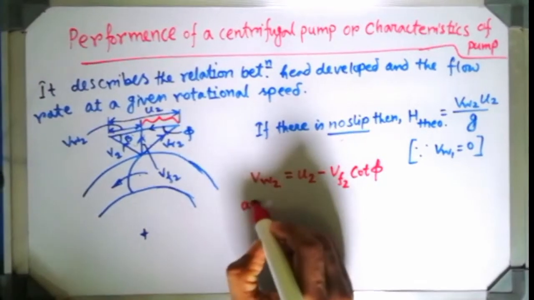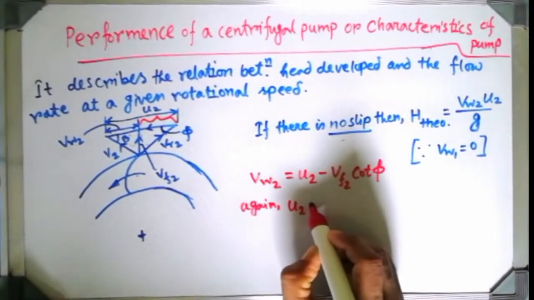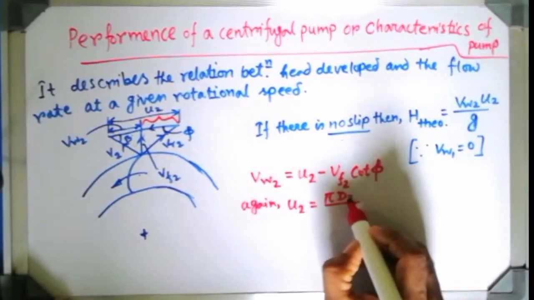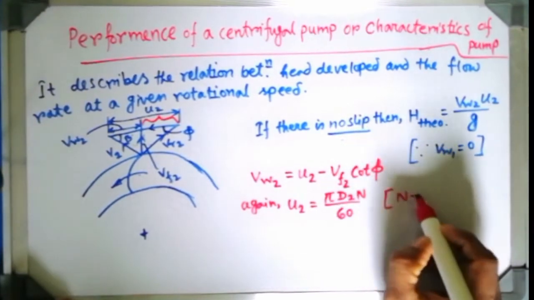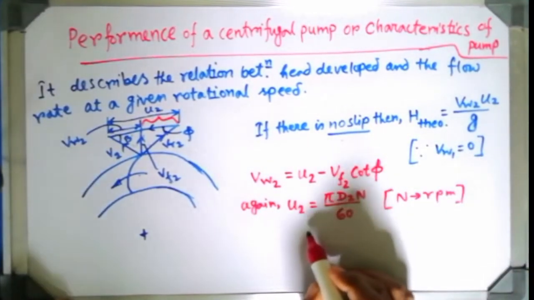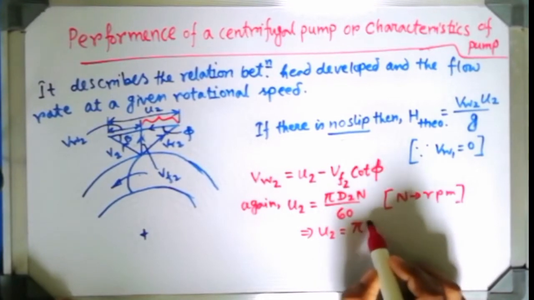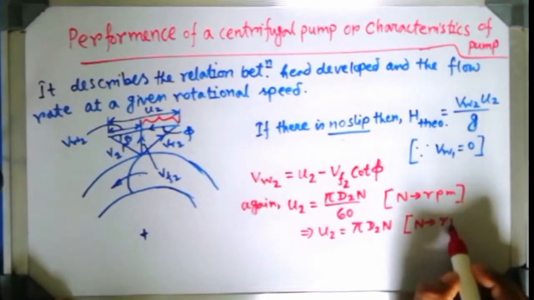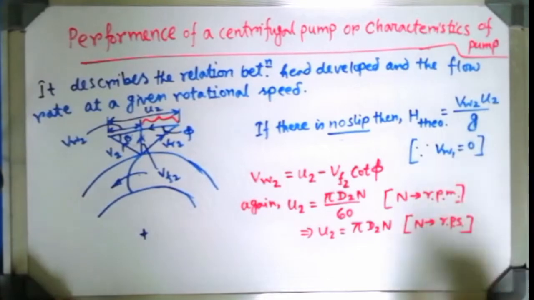And again we know some relationship from our earlier knowledge that U2 can be written by pi d2 N by 60, while N is in RPM format, and if I write in RPS format, then I can write U2 is equal to only pi d2 N, while N is in RPS, that is revolution per second, and here revolution per minute.